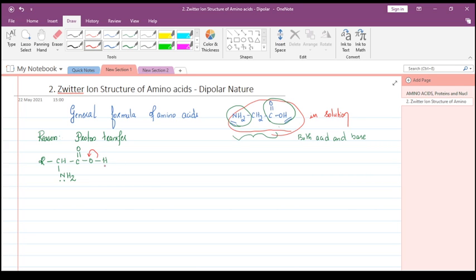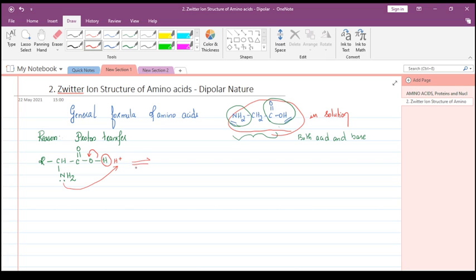So H will exist as H plus. Here the lone pair of electrons on the nitrogen has the capacity to attract this H plus. So H remains as H plus, and the lone pair of electrons on the nitrogen attacks it.